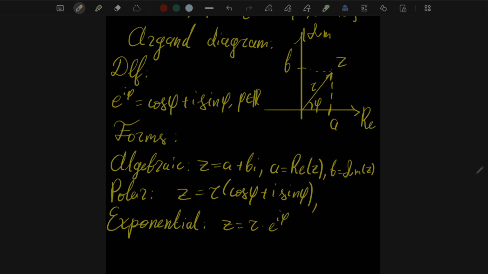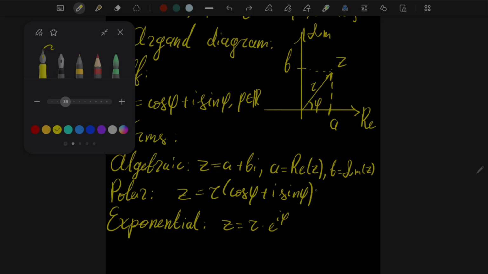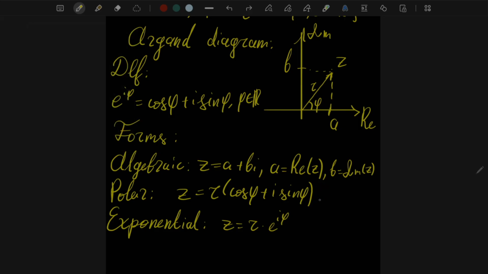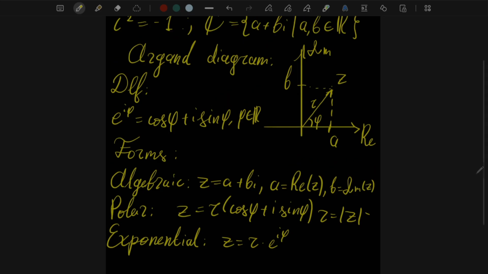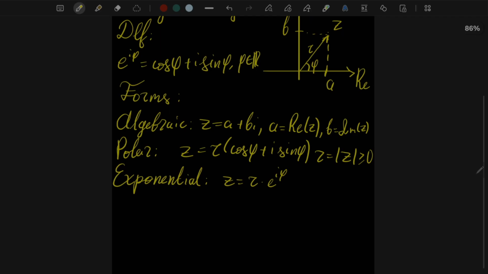In here, r is equal to the absolute value of z, and it is bigger or equal than 0. And we also have the argument of z.